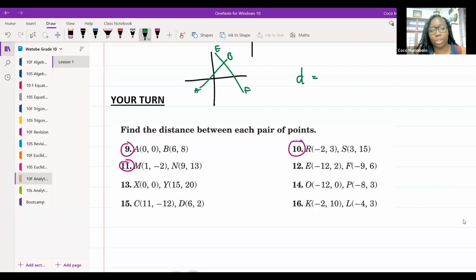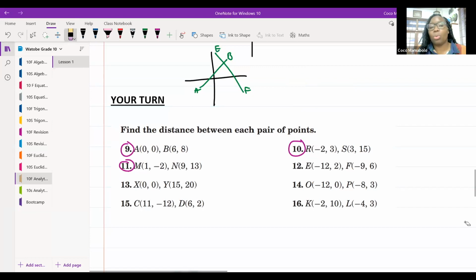We're not going to be able to know. So we're going to name the line according to how they've named it. So we're going to say AB is equal to whatever it is that they want me to calculate. And then when I calculate for the distance of E and F, I will then write EF is equal to whatever it is. Okay, so we're just expressing the name of the line.